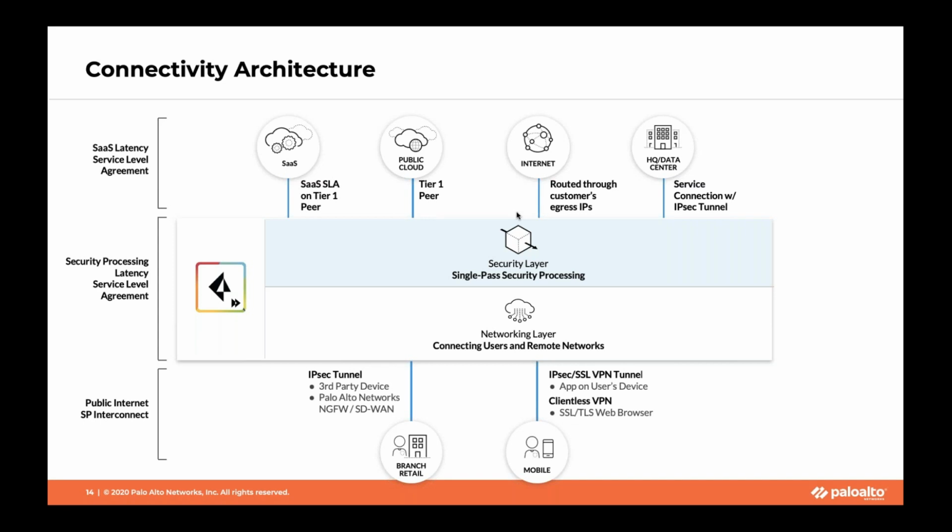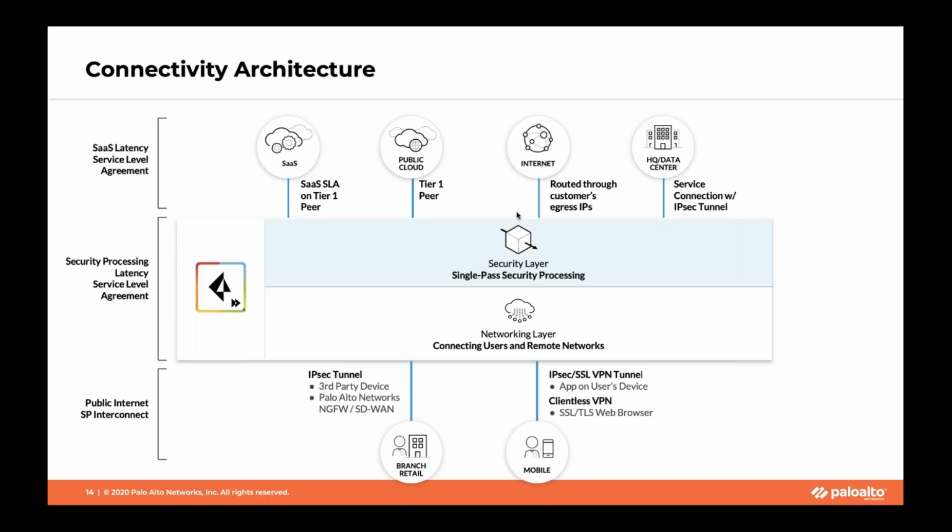Now, a little bit about the connectivity architecture of Prisma Access. So like I said, we have SLAs to different SaaS applications like Office 365, Salesforce, and so on. And we also have, if you're familiar with the single pass security processing architecture of the firewall, which allows us to perform content ID and malware scanning in a very performant way.